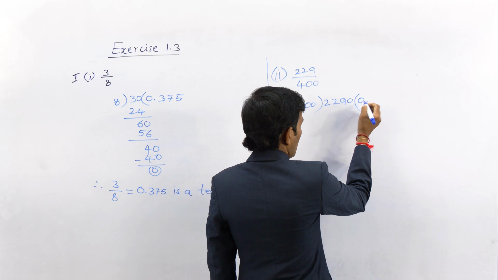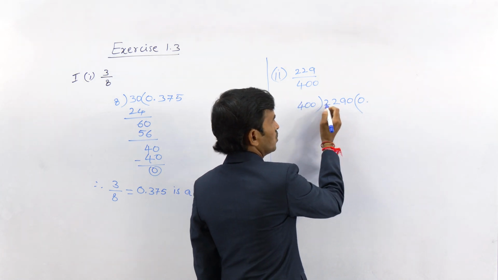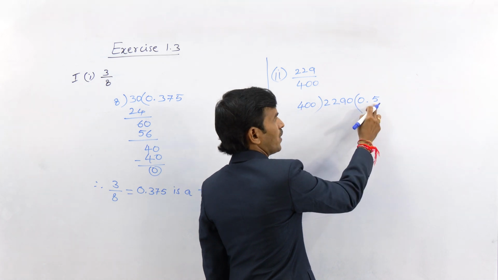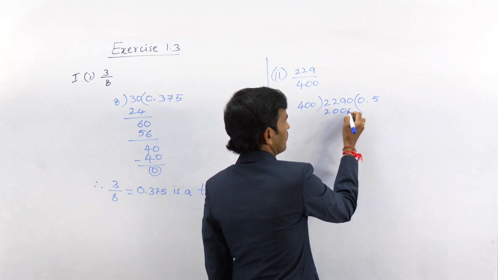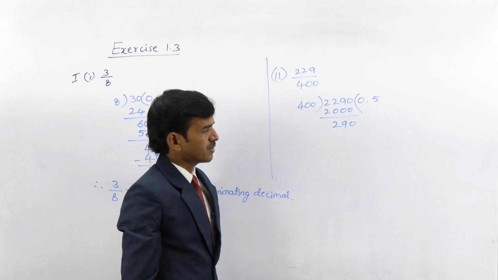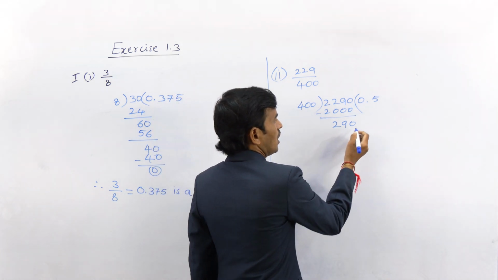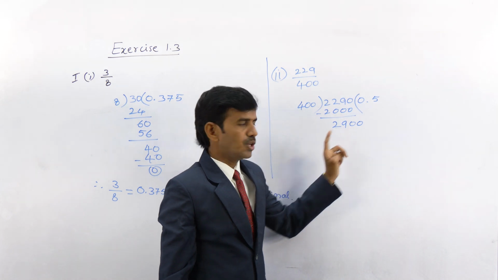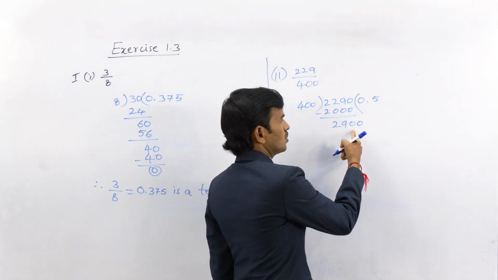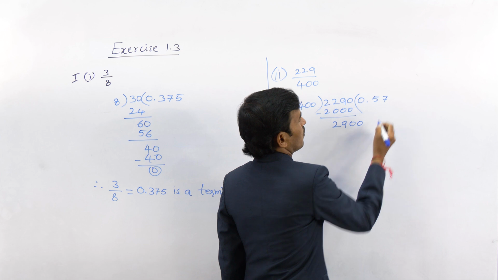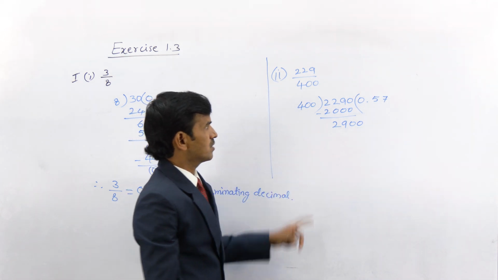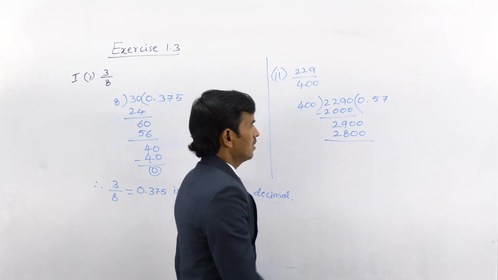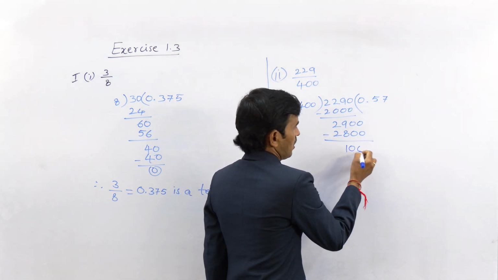Let us see how many times it is possible. 400 into 5 times gives us 2000. Then 290 is left when you subtract. Now after the decimal point we can take a 0, which becomes 2900. Now how many times? 7 times. 4 7s are 28, that is 2800, and the remainder is 100.